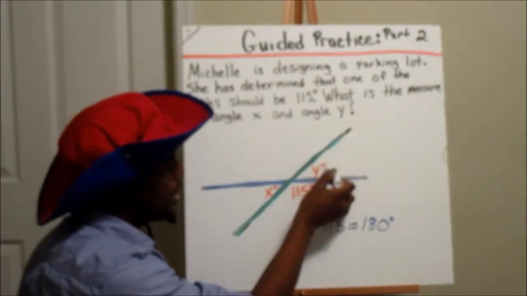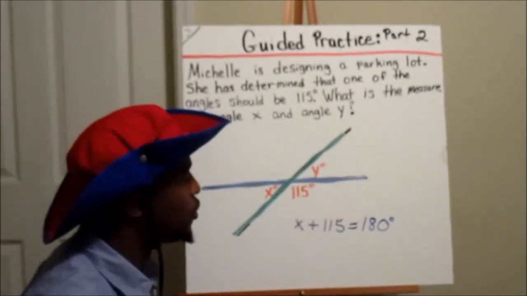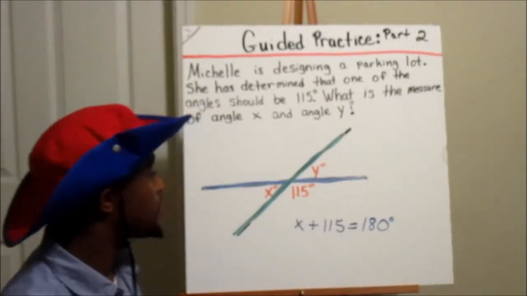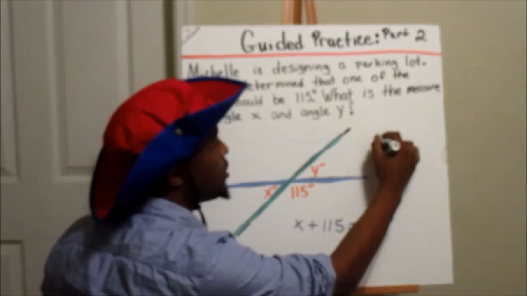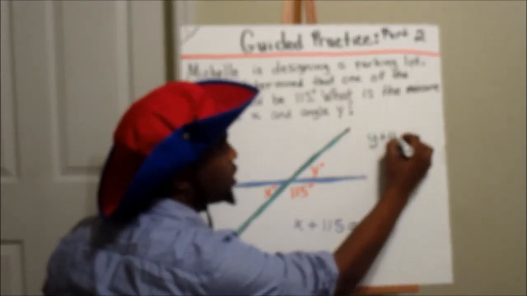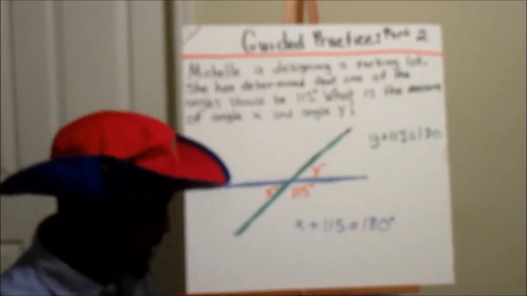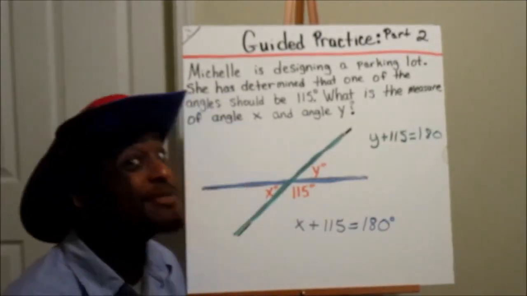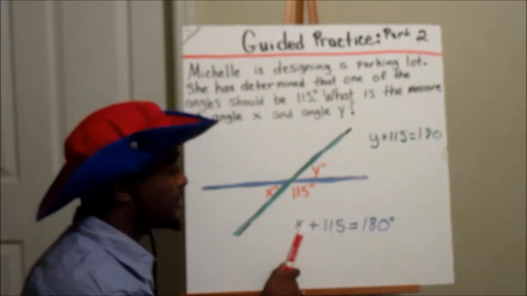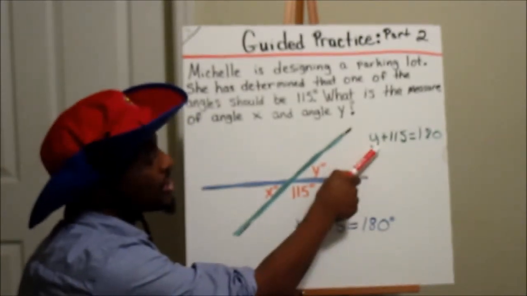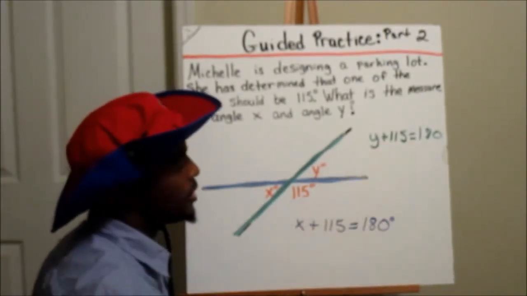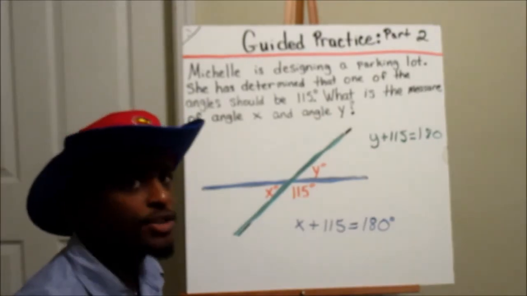So I know that angle Y plus this 115 degree angle will measure 180 degrees. So I can use the equation Y plus 115 degrees equals 180. Alright. And by looking at that, I should be able to tell that angle X is going to be equal to angle Y. Alright? But let's prove that by solving the one-step equation for each of them.